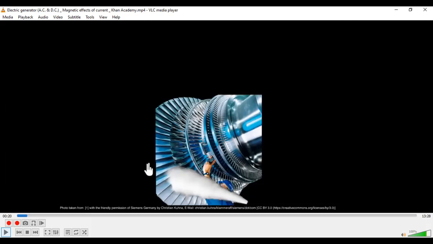Some power plants use hydro, meaning water is the fuel. Whether it is a hydro power plant or a steam power plant, a turbine is required, and the turbine is coupled with the generator. It may be a DC generator or an AC generator. The generator requires mechanical energy, so the turbine provides mechanical energy because the flow of water is coming. So the shaft of the turbine is rotating and hence the shaft of our generator is rotating. The generator is getting mechanical energy.